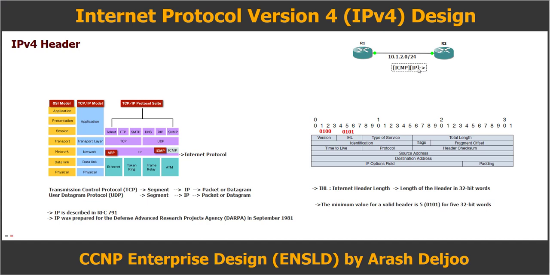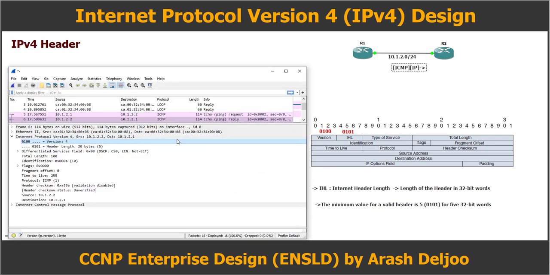Router 2, after verification of the IHL field, can understand after which number of bytes it can reach the real data, the ICMP. For example, it knows the start of the IP, and it knows that after 5 multiplied by 4, which means 20 bytes, it can reach the real data. It is so useful. Let me show you the value of IHL. Here you can see the value of IHL.